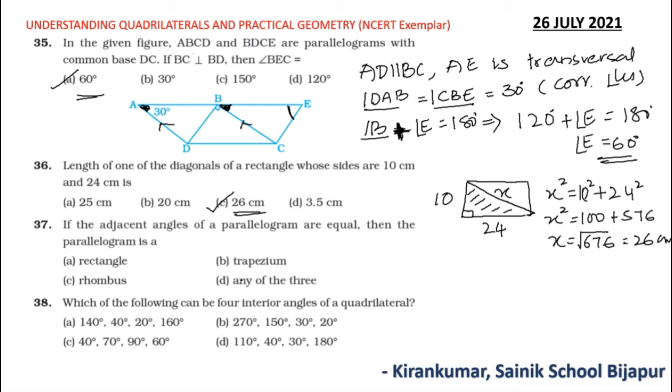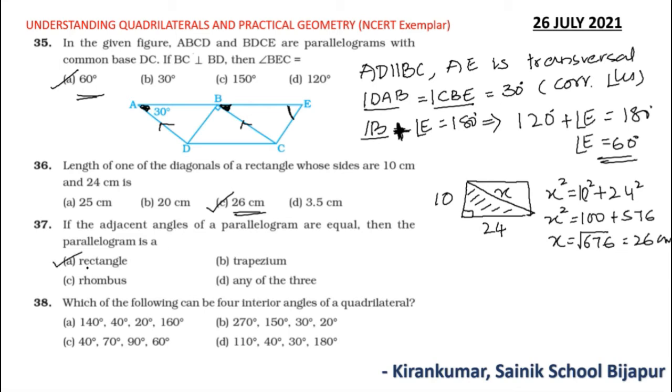Question 37. If the adjacent angles of a parallelogram are equal, then the parallelogram is, whenever adjacent angles are equal in a parallelogram, since they are co-interior, we get their measure as 90 degree.